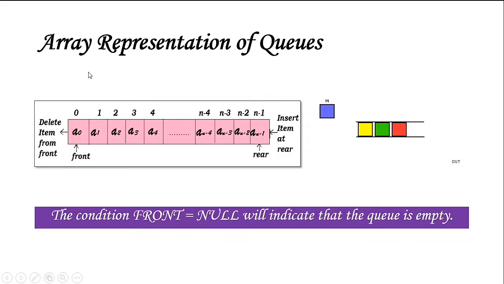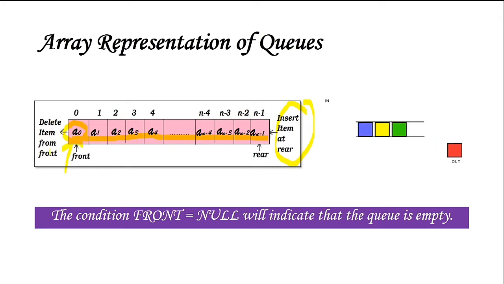Now how can we represent the queue as an array? You can represent the queue like this. This is the rear end from where you are going to insert the element, and from the front end you are going to delete the element. So A0 is inserted initially, that will be deleted first. Next A1 is inserted, that will be deleted. Next A2 will be inserted, that will be deleted.